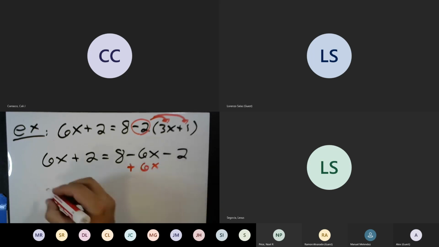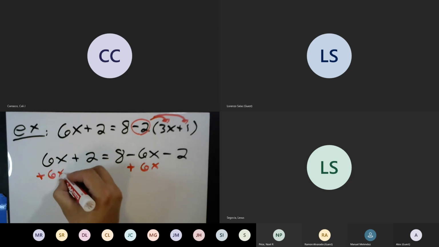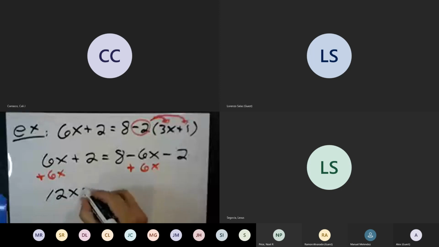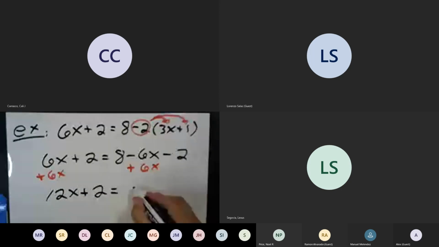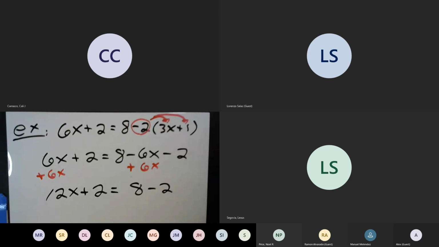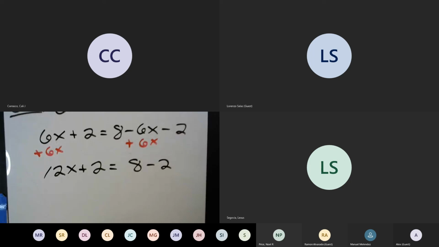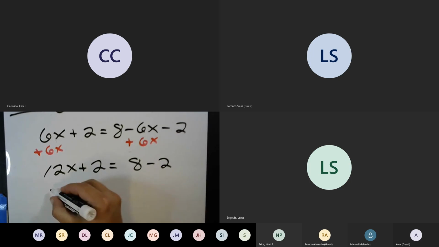Or not the 6's, but the x's. And so we have 8 minus 2. Now this we can combine. That's going to be a constant value. It's going to be 6.